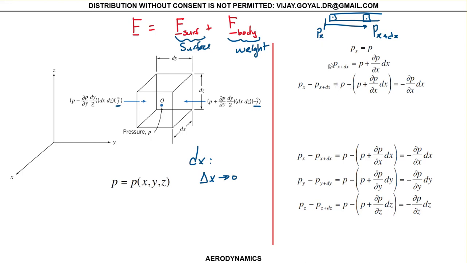And then I can use Taylor's series expansion to say p plus partial of p with respect to x, dx. And if I subtract this minus this, I get the following equation. I can do this in this one direction, and I can do this in every other direction possible. So this becomes very, very important in the derivation and the analysis that we are about to do in a few minutes.